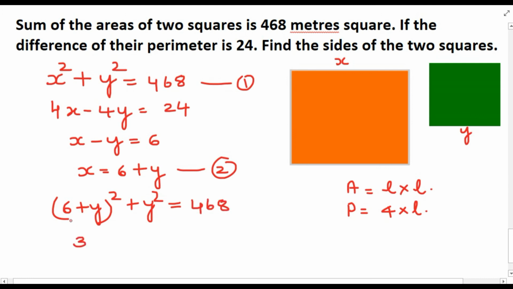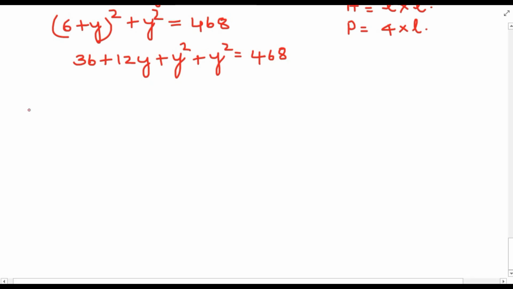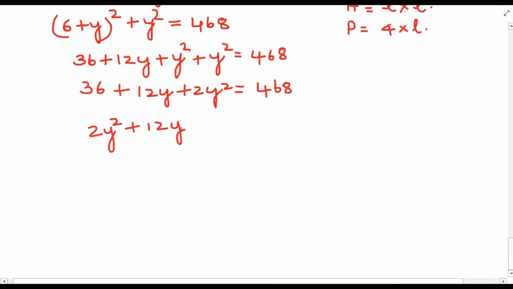Now this is in the form of a plus b the whole square. A plus b the whole square is a square plus 2ab plus b square. So I have 36 plus 12y plus y square plus y square equal to 468. So this again I can simplify as 2y square plus 12y plus 36 minus 468 equal to 0.